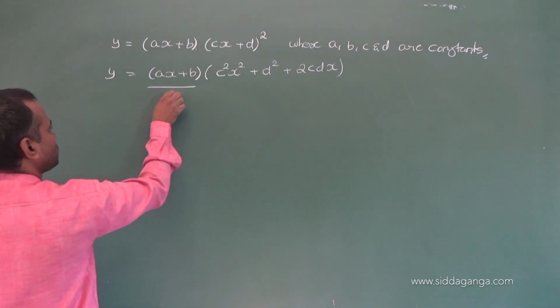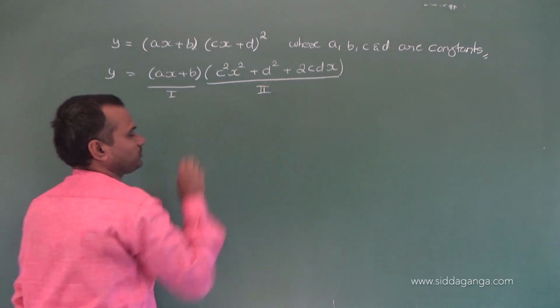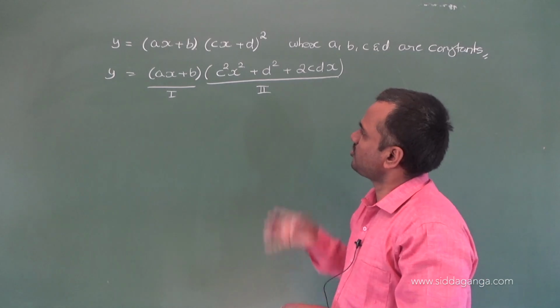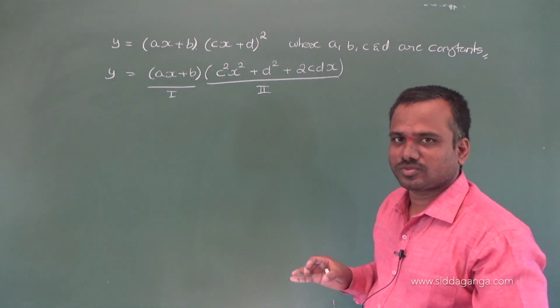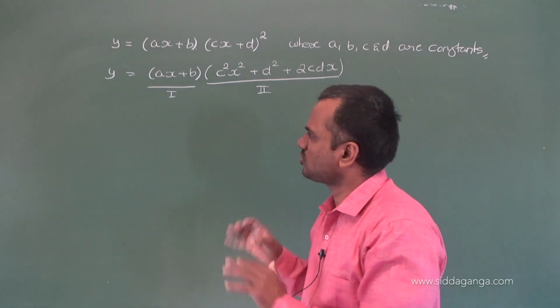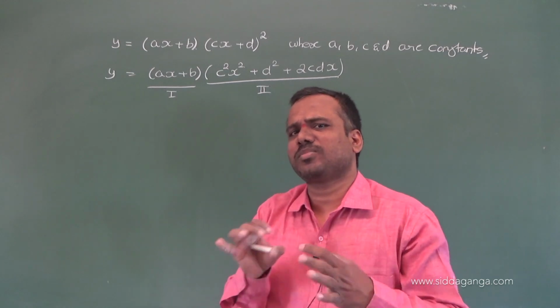This is the first function. This is the second function. Okay, first function and second function. If you want, you can multiply also. In that case, no need to apply the product rule. Presently we know well about the product rule, that's why we apply the product rule.